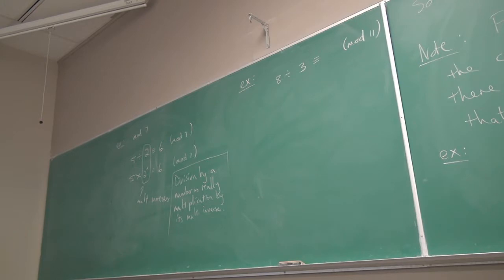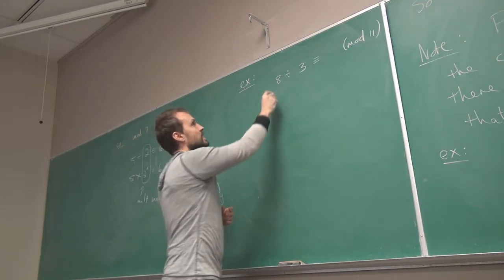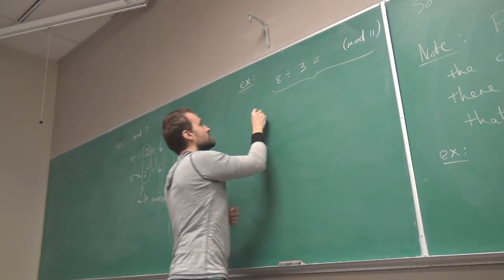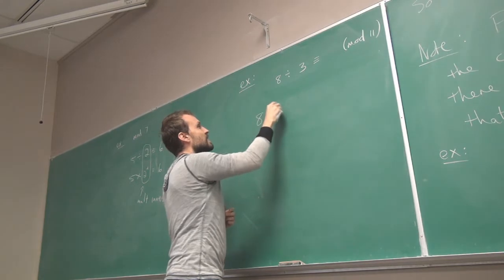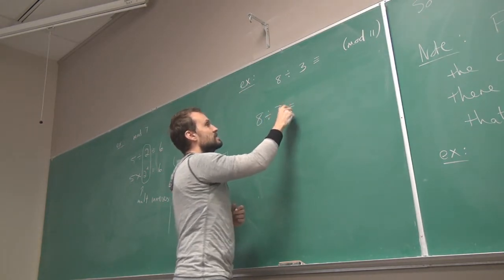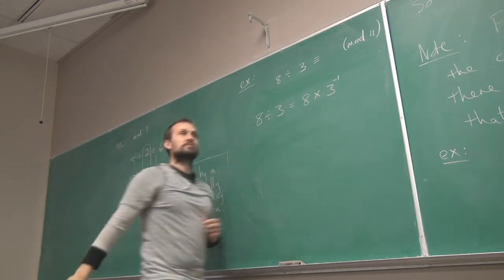No idea what that is. Intuitively, it makes 0 sense, and I'm not ashamed to admit it. Anyone that claims that it makes sense purely intuitively is lying. It's no one. But I don't need to be. I'm stepping away from the intuitive side. I can say 8 divided by 3 is the same as 8 times the multiplicative inverse of 3.